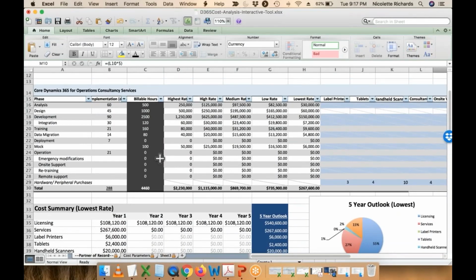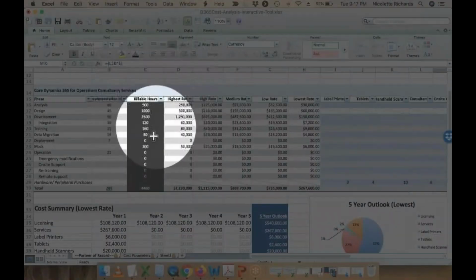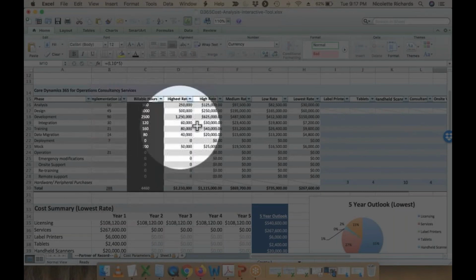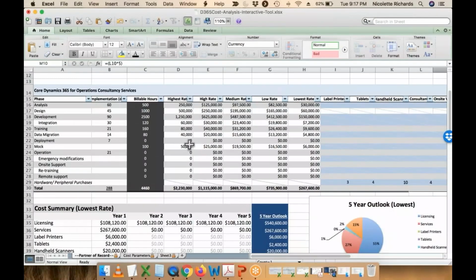So, for example, design, your requirements. You started out with a pretty clean list of requirements, but as you sit down with your team, that number balloons, right? The number of additional requirements and modifications that you're looking to bring into scope grows. And look how our billable hours increase just through the initial phase of the project.